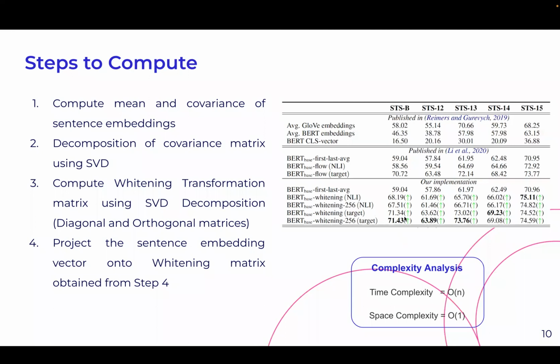Once you compare, you can see the green arrow, which tells that there is an improvement in the Spearman's correlation when compared to all other previous benchmarks. Here, whitening 256 means that they have reduced the dimensions of the BERT from 512 to 256, apart from just whitening the transformation.